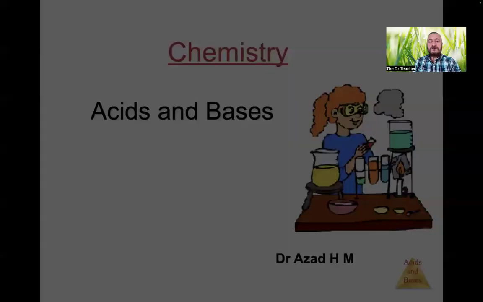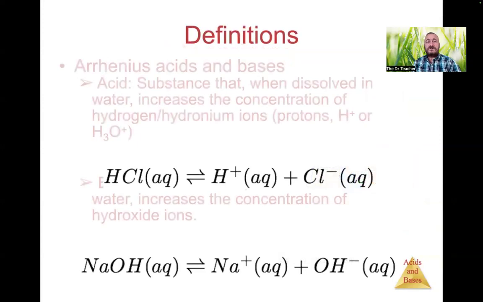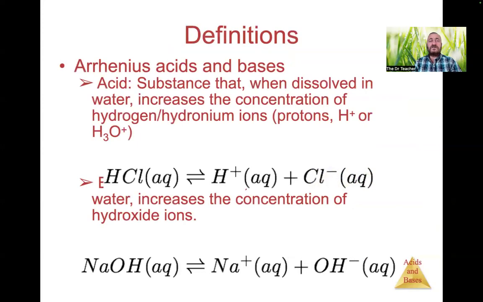Okay. So now we are talking about the acids and bases. If we come to the definitions, Arrhenius acids and bases: Arrhenius said an acid is a substance that when dissolved in water increases the concentration of hydrogen or hydronium ions, which sometimes we say proton, sometimes we say H plus, or even H3O plus.